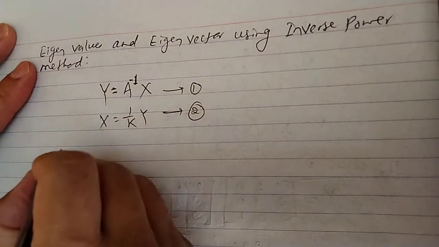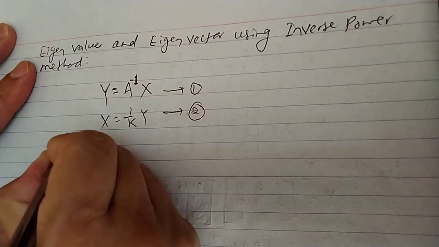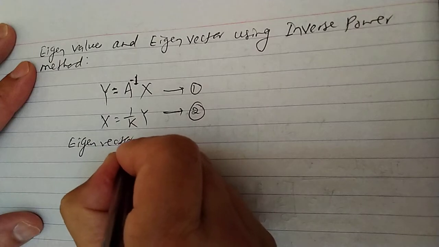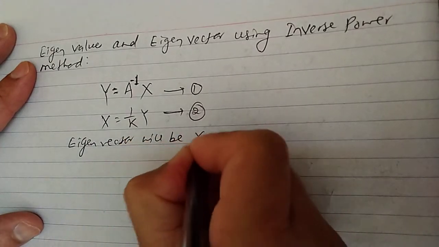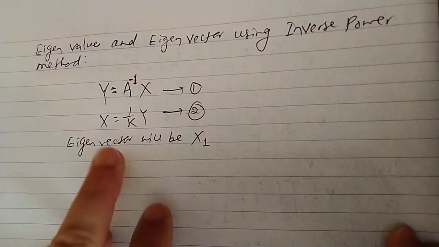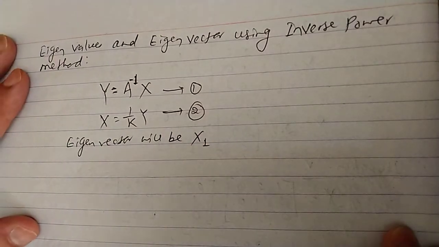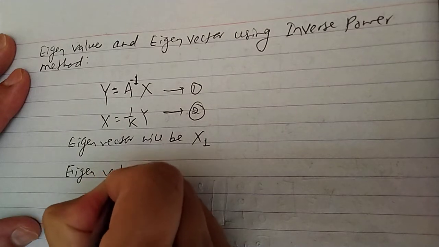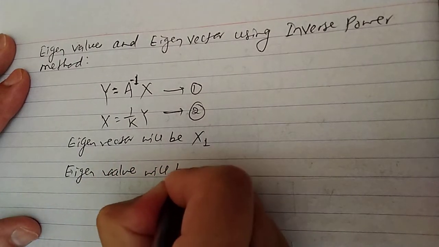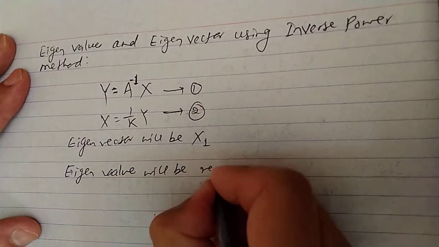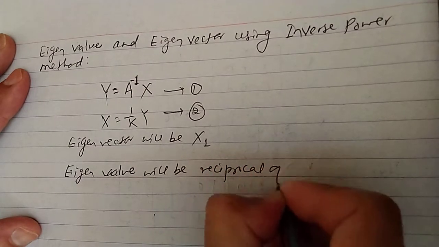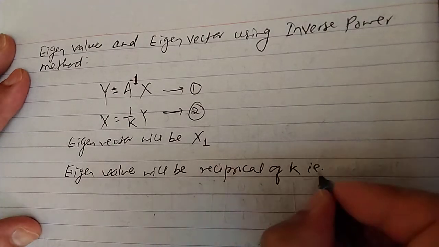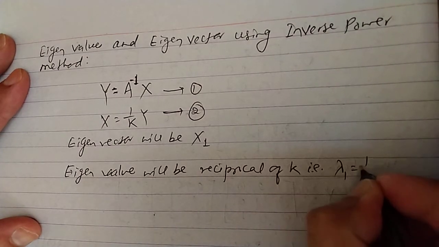So in that case, the last step's x will be your eigenvector x1, and the eigenvalue will be the reciprocal of k, that is, lambda 1 will be 1/k.